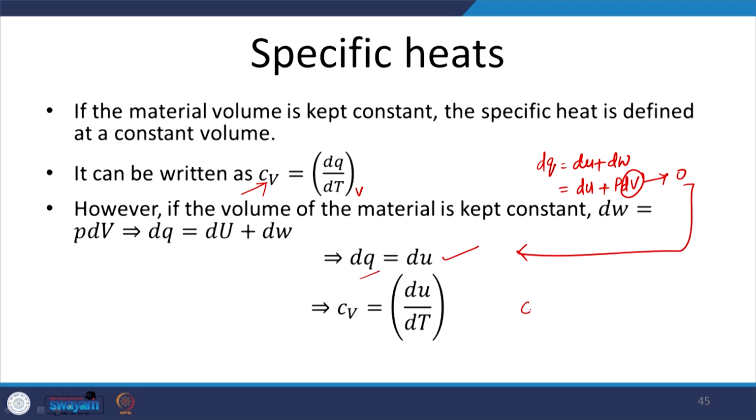So, you have defined Cv, or let us say C, the specific heat, as dq over dT. Now your dq has become du over dT, or du, the change in the internal energy, is Cv times dT.